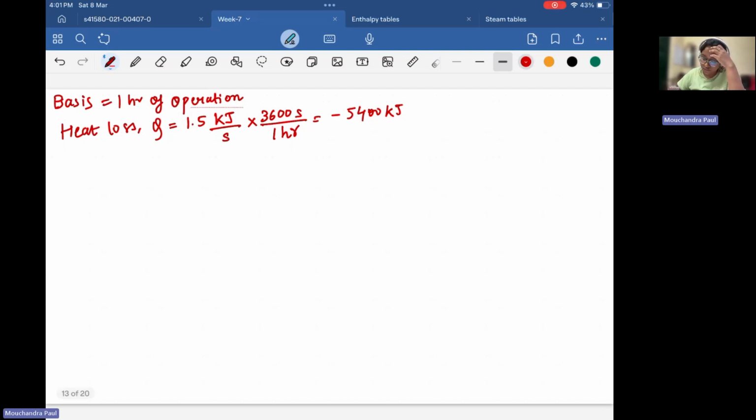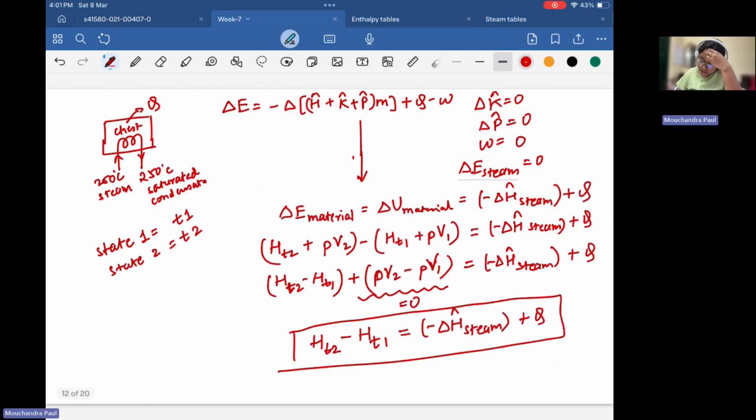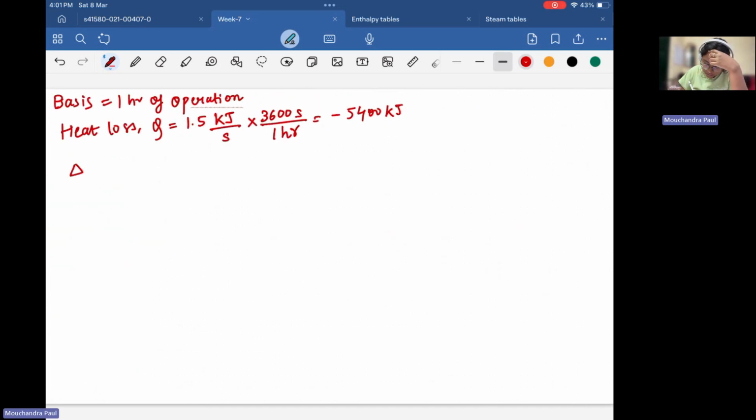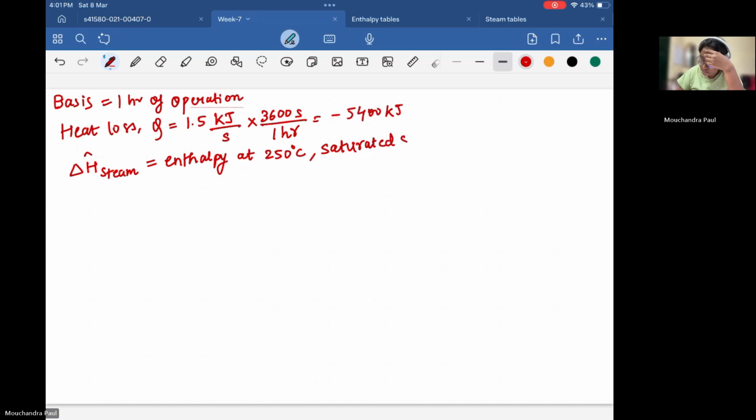Then what is delta H steam? Delta H steam is basically the enthalpy at 250 degrees Celsius of saturated steam.